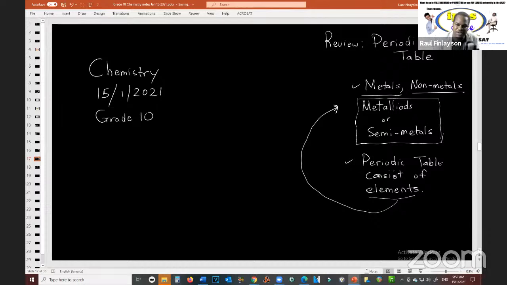So there are basically three main groups on the periodic table.